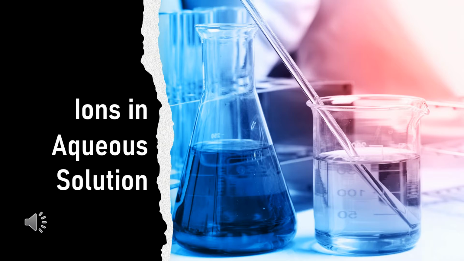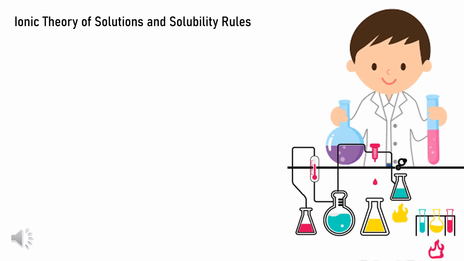So for us to understand more about this, we will tackle ions in aqueous solution so that we can understand the different properties of a solution. Here we have the ionic theory of solutions and solubility rules. Way back in the early 19th century, chemists began studying the electrical behavior of substances, and they knew that you could make pure water electrically conducting by dissolving certain substances in it.